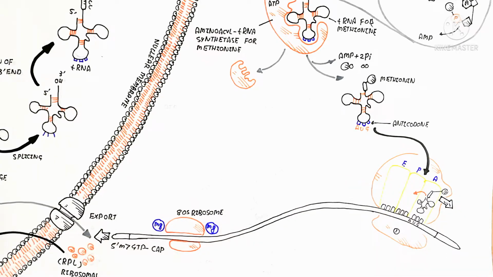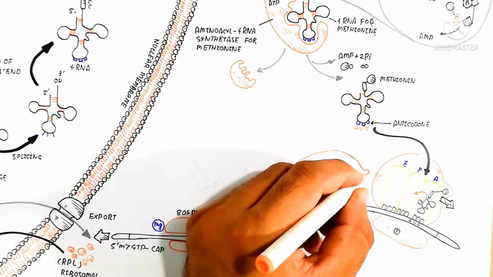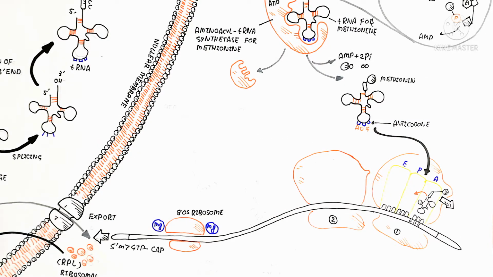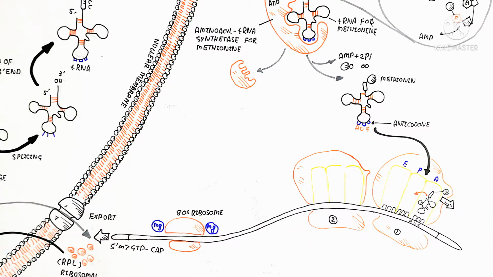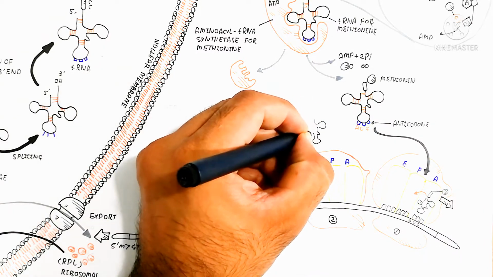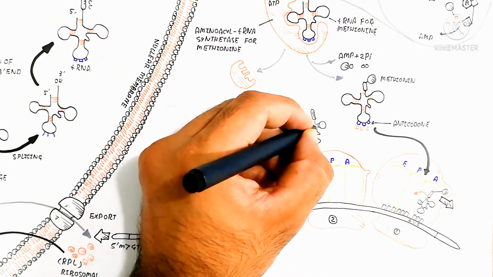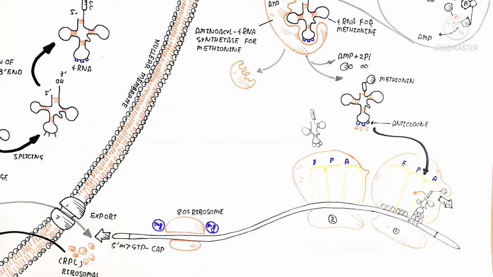So the messenger RNA will move here while the transfer RNA will move like this. The codon will be moved. So you can see in this diagram to understand. It means the messenger RNA will move left while the methionine binds with another protein on the right side.